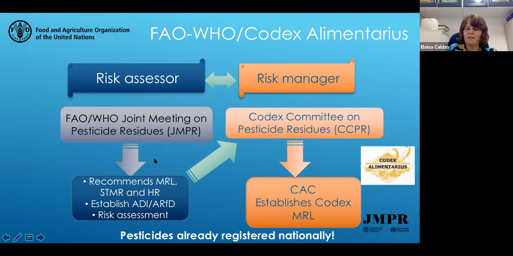So we have the meeting in September, always, and then we publish the report first and the evaluation. Normally the evaluation will be available in February the next year. And then in March, April, there is a CCPR meeting, and the decisions by the CCPR are sent to the CAC, which is the Codex Alimentarius Commission, which is the final manager.